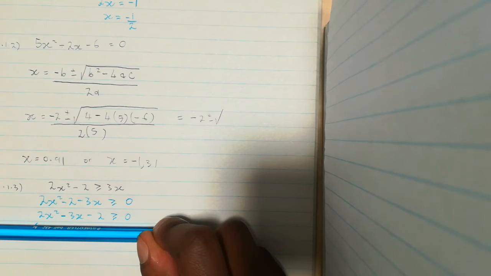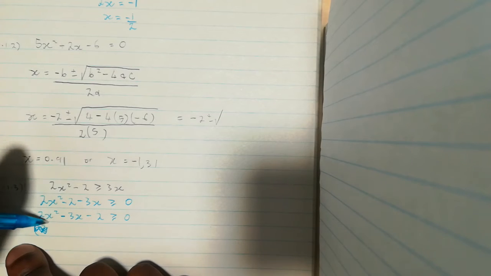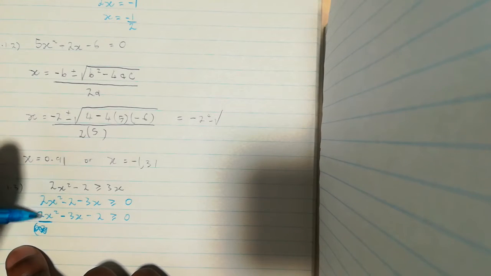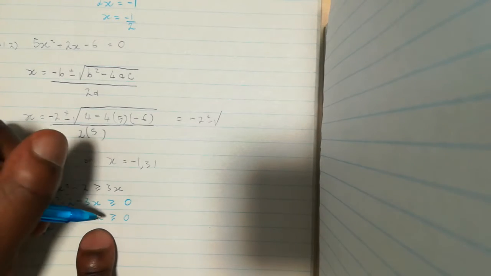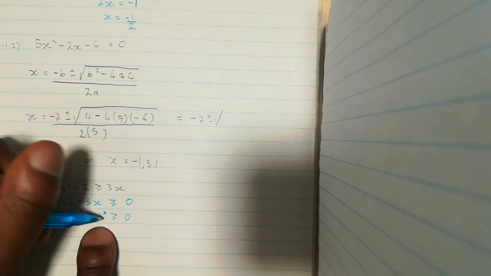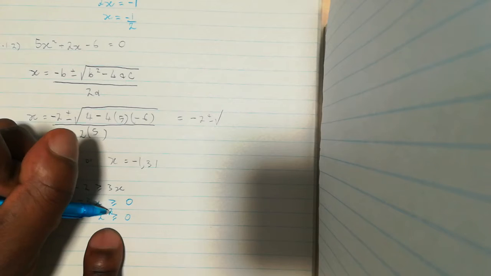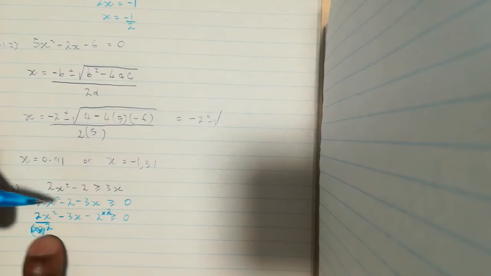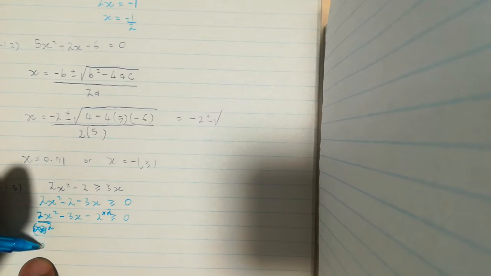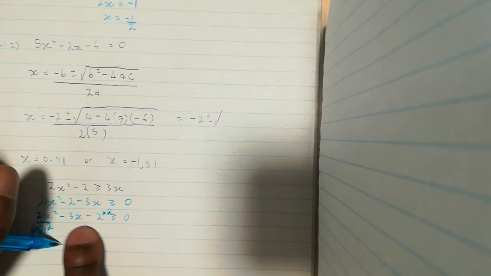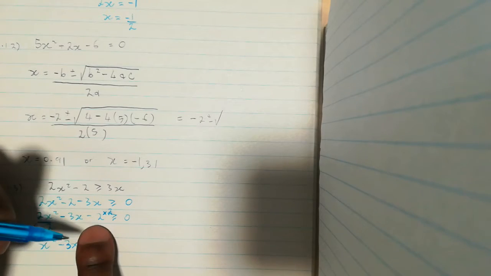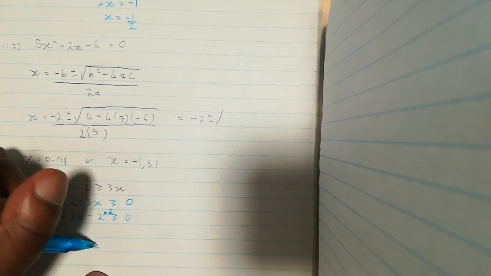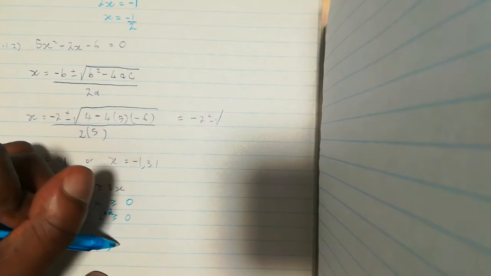What you do in this situation is you divide the first term by its coefficient, which is 2, and then you multiply the third term by what you divided the first term by, which is 2. When you divide the first term by 2, you get x squared. The middle term, you don't touch. And then you move to the third term, you multiply it by 2, you get 4. It's bigger or equal to 0.